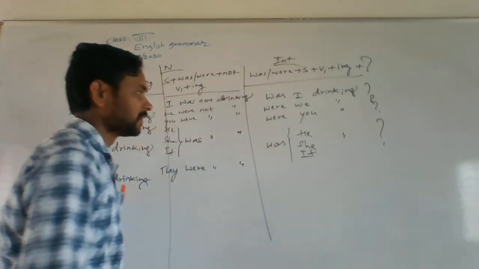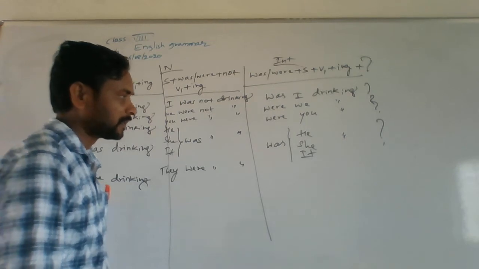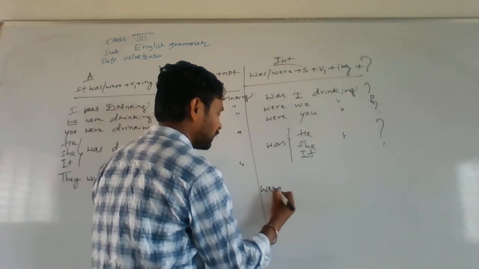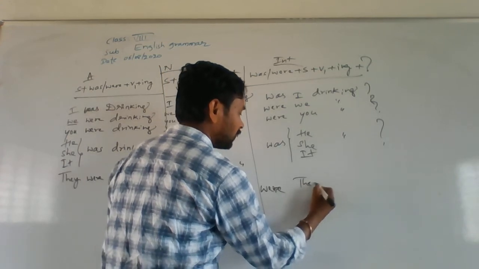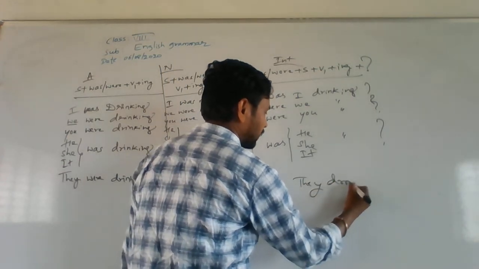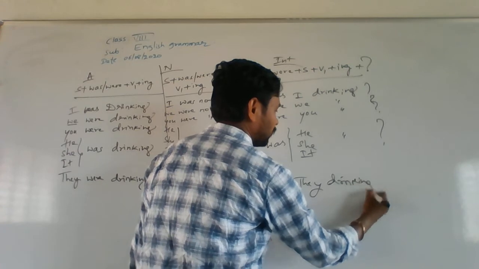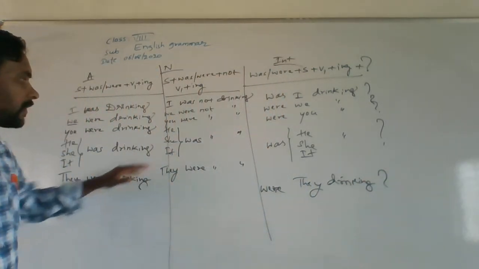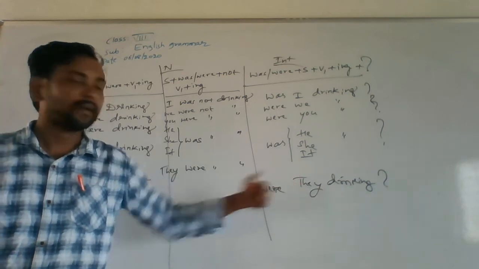Was he drinking? Was she drinking? Was it drinking? Then were they drinking? See here, assertive, negative, and interrogative.